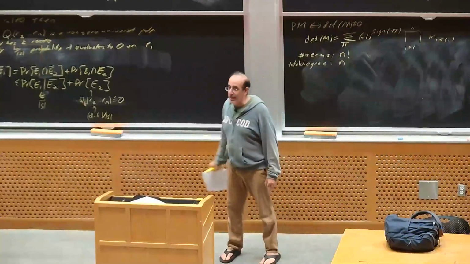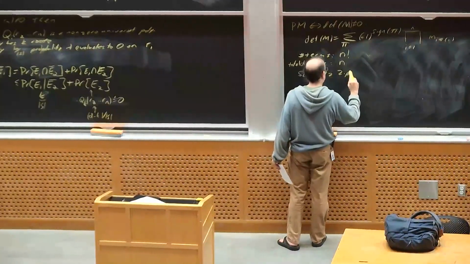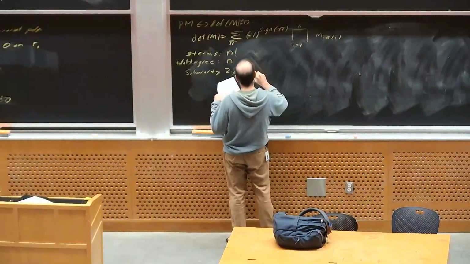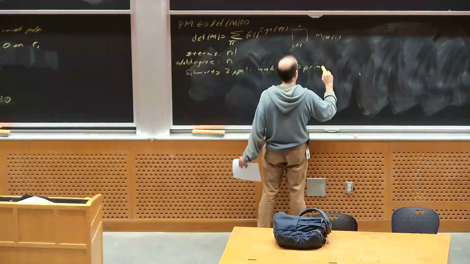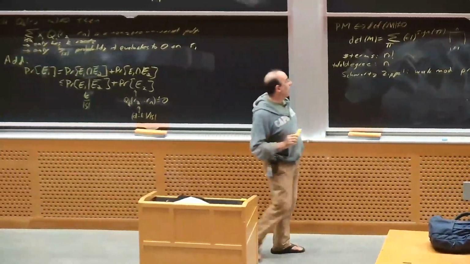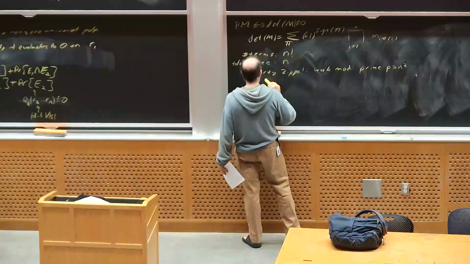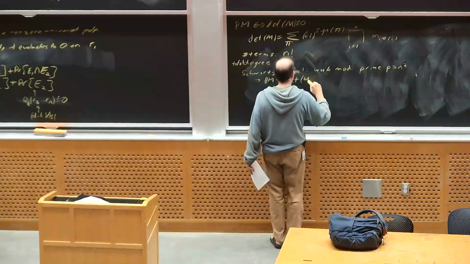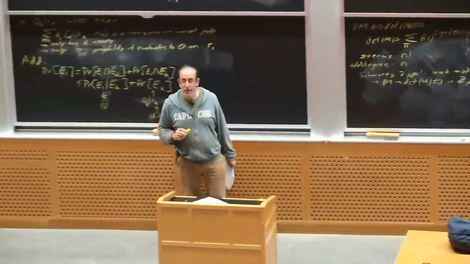So what does Schwartz-Zippel tell us? Schwartz-Zippel says that if you work mod some prime p, which is bigger than n squared, I'm going to do that in order to keep the error probability small, that implies that if I have a perfect matching, then the determinant of the Edmonds matrix is not equal to 0 in Z_p.